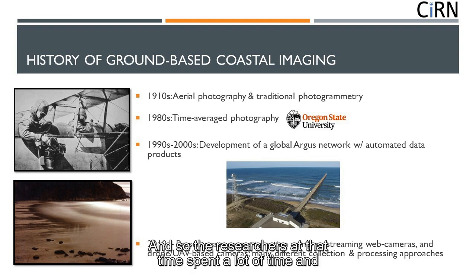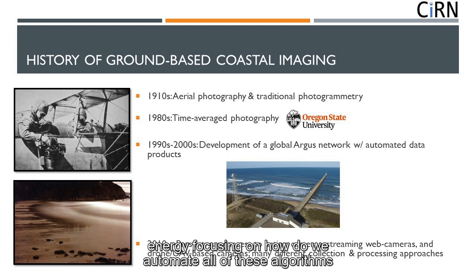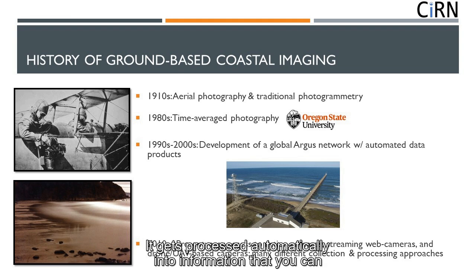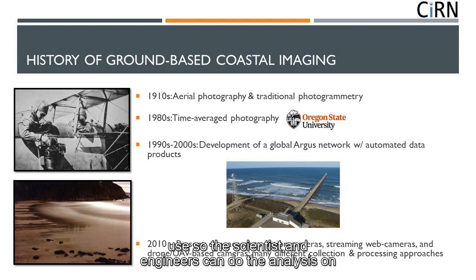And so the researchers at that time spent a lot of time and energy focusing on how do we automate all of these algorithms and processing so that if your camera is up taking pictures all the time, you don't have to have a scientist sitting in the background processing the data all the time. It gets processed automatically into information that you can use so the scientists and engineers can do the analysis on the data.